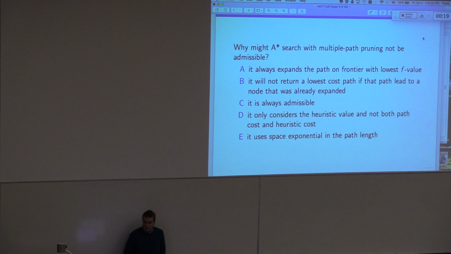B, it will not return the lowest cost path if that path led to a node that was already expanded. C, it is always admissible. D, it only considers the heuristic value and not both the path cost and the heuristic cost. Or E, it uses space exponential in the path length.